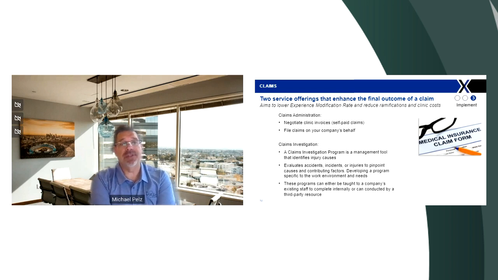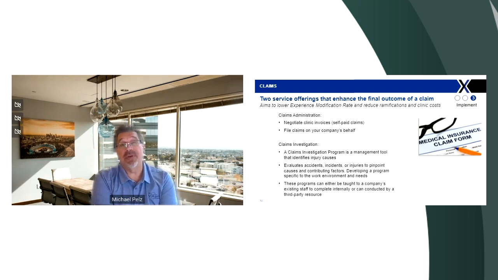As I mentioned on the claims investigation, there are a lot of different third-party resources that can get involved to help you identify the contributing factors, which can go into preventing injuries, but then to find out the validity of you accepting them.